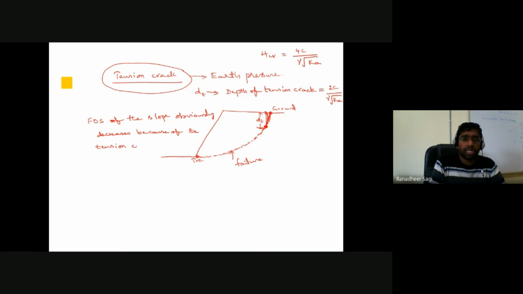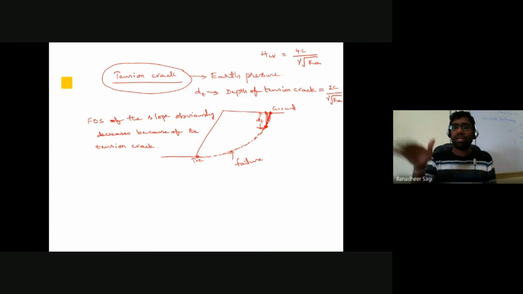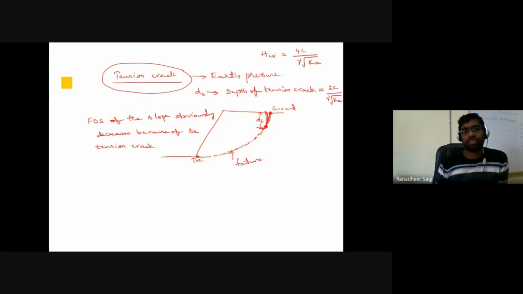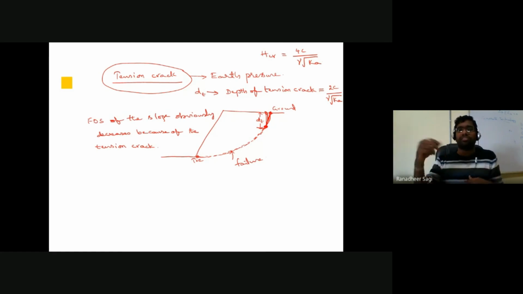Because of that crack developed in the ground, the more likely failure surface would develop towards the crack portion, since the crack portion indicates failure. Towards that side you have the least resistance in the soil, and if failure happens, the failure surface would develop towards the crack formation, because the crack already indicates the kind of failure which has happened in your ground.